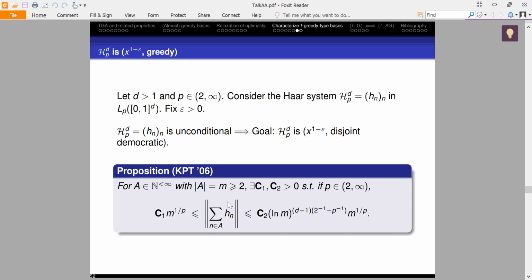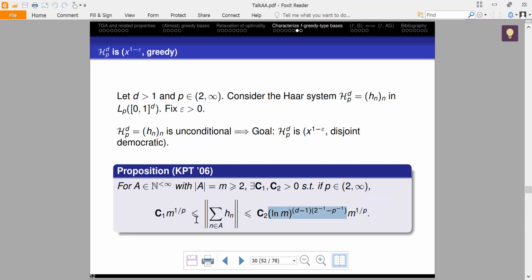if you look at the indicator function, right? This is the indicator function at A, 1_A. Then by choosing H and A cleverly, the lower bound can be obtained at m to the 1 minus m to the 1 over p, and the upper bound will be almost the same, but it is multiplied by a log function. This log function shows that because the upper bound and the lower bound are not of the same order, right?